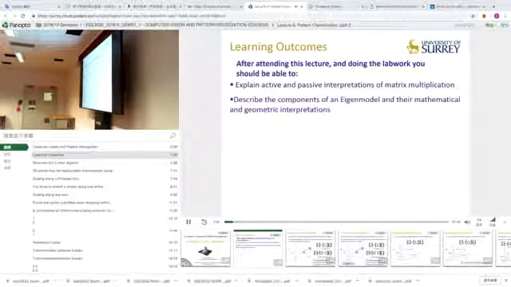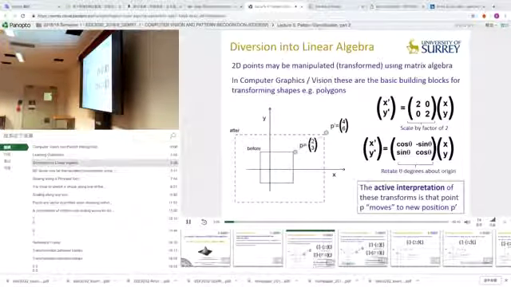In particular, we're going to look at how we can perform geometric transformations in 2 dimensions using matrices. And we're going to look at what we call the active and the passive interpretations of those transformations. And then we're going to use that knowledge to see how we can build an eigenmodel, as we call it, this more sophisticated kind of model of classifying in machine learning.